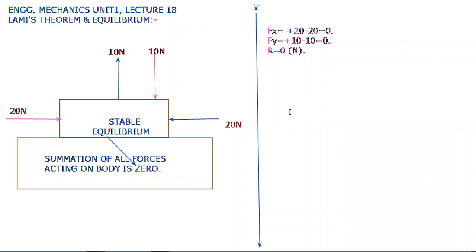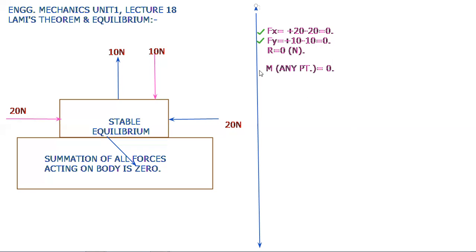Okay, so we have already discussed that there are three conditions of the equilibrium. The first condition is your summation of Fx equal to 0. Second condition is sum of Fy equal to 0. And the third is moment at any point equal to 0. You have studied the moment in detail, read this moment in much detail. Okay, how to calculate the moment?